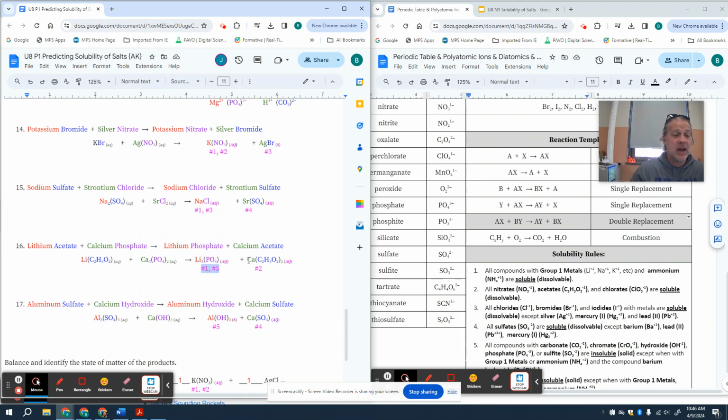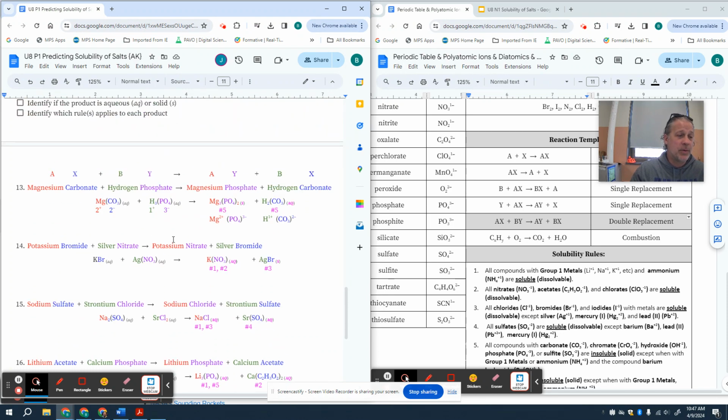Calcium and acetate came together, and that one is also aqueous because of rule number 2. And then lastly, for number 17, aluminum and hydroxide came together, got Al(OH)3. Rule number 5 says it's a solid. Calcium and sulfate came together, you got CaSO4, and that one's aqueous because of rule number 4.